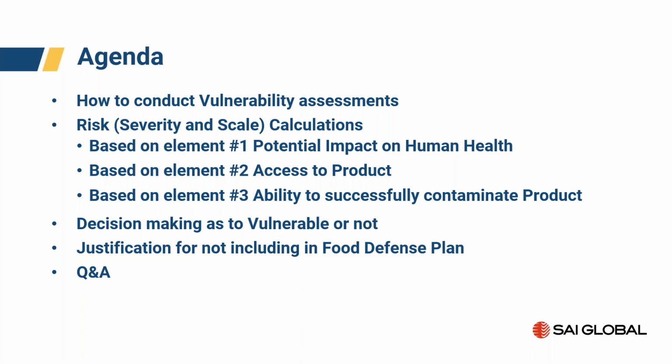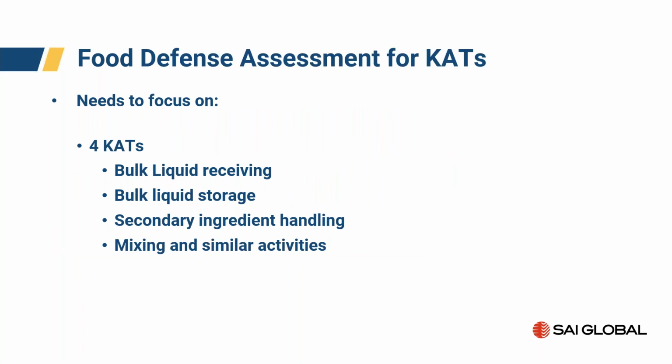Then how you make your decisions that this is a significant vulnerability or it is not. Because remember, you have to say it's not and why, not just when it is. And therefore, you have to have justification for including these vulnerabilities in your food defense plan or not. And then we'll finish up with some questions and answers.